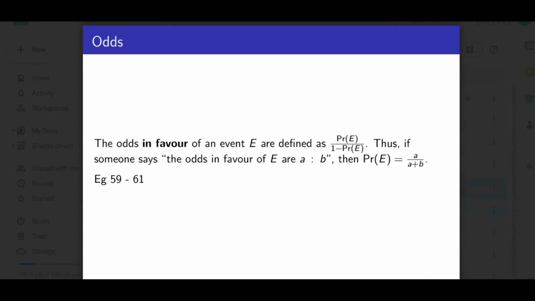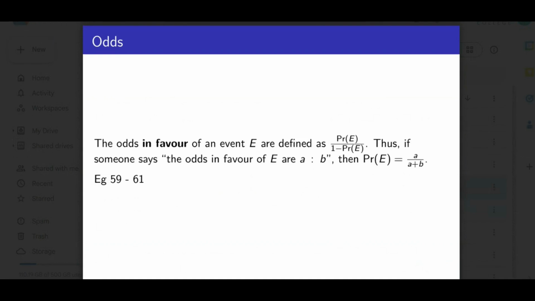I'm more a probability person, because it's confusing. If you say the odds are 9 to 1, then you have to say it's 9/10, because 9/(9 plus 1). So if someone says the odds of E happening are A to B, then it's A/(A plus B). That's the probability of E happening. So it doesn't come so intuitively to me, but that's okay.